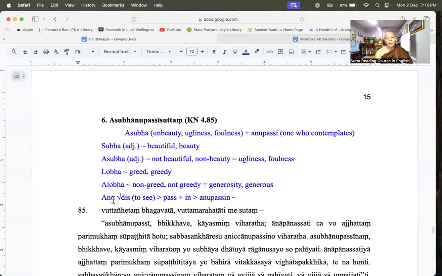But because anu means to see repeatedly, again and again, that means to contemplate. So here anu can be understood as again and again, repeatedly. In this way, that means contemplate.